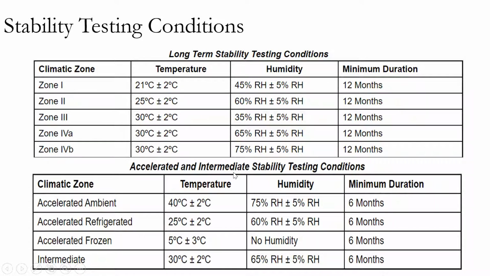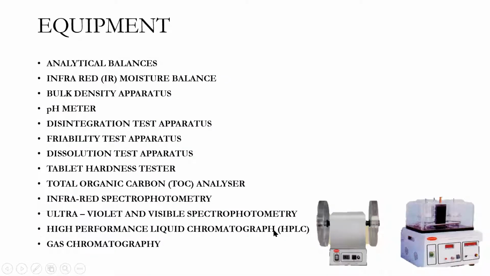In case of accelerated conditions, testing should be done for accelerated ambient, accelerated refrigerated, accelerated frozen, and intermediate with this type of temperature. For accelerated ambient, it is 40 degrees Celsius plus or minus 2, with humidity of 75% plus or minus 5. Accelerated intermediate stability should be tested for 6 months as per this table.